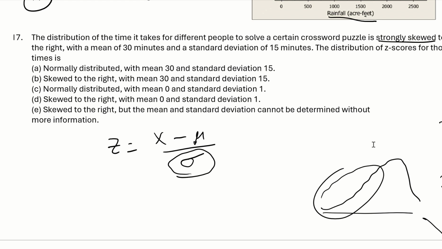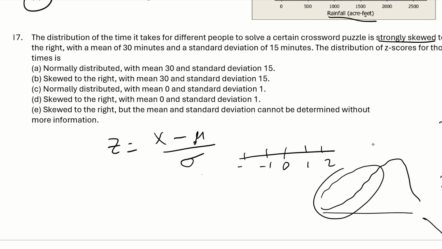Okay, so in this case, each of the numbers is going to be subtracted by the mean and divided by the standard deviation. But when I do that, that's going to make the mean go to 0 and the standard deviation go to 1. The reason being that if I transform anything to a z-score, we always start with 0 as the mean, and then the standard deviation goes by 1s.